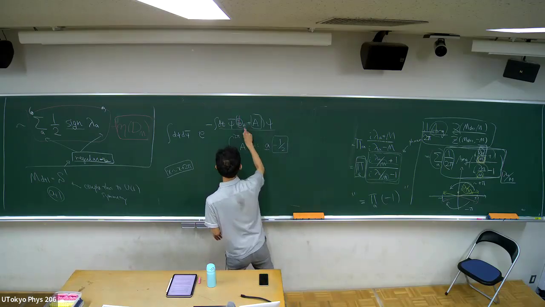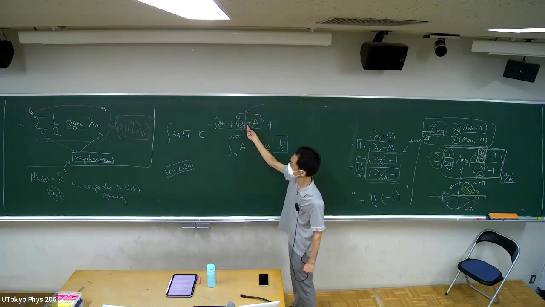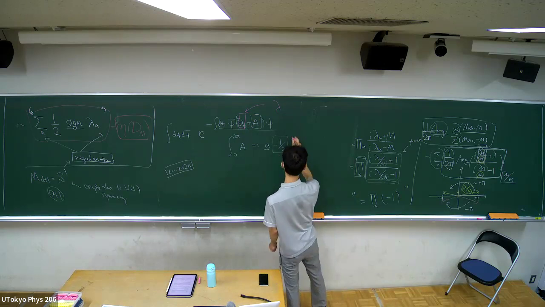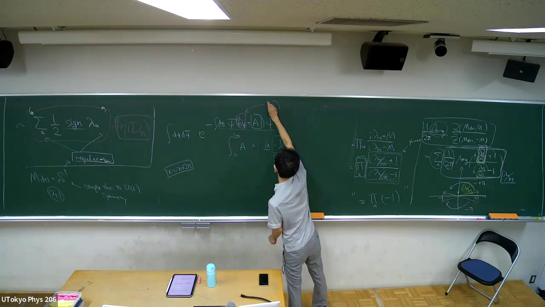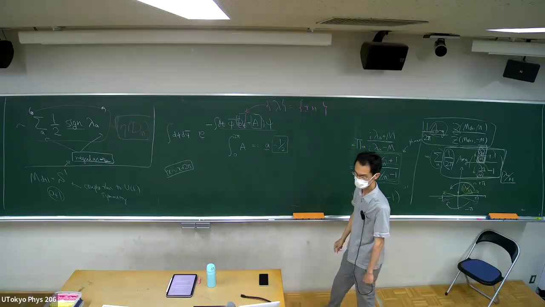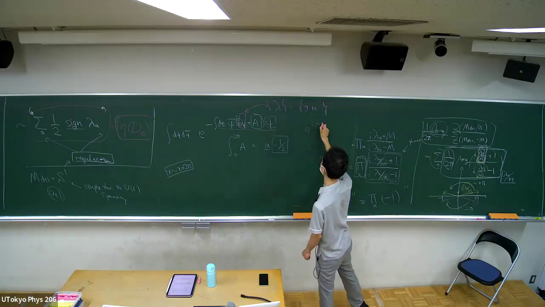It's clear that the eigenvalue of this Dirac operator, which is just i partial t, is just lambda. I mean, I shouldn't have used lambda, but the set of eigenvalues is just all integers. I mean, the eigenfunction is just e to the i n x, right?